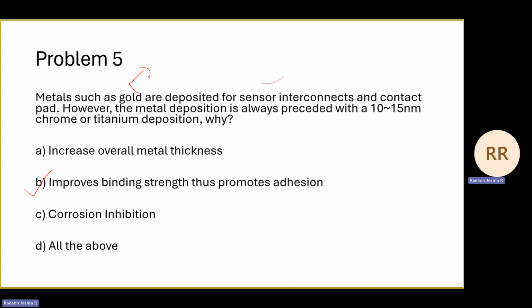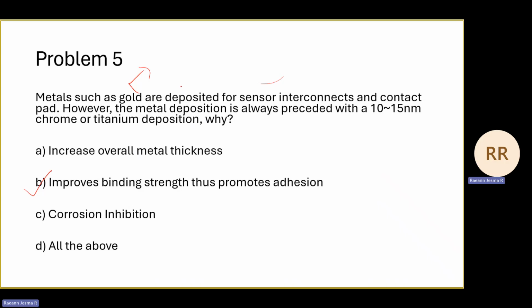That means they don't stick very strongly to the substrate. What happens if a metal is not stuck properly to the substrate? It will start to peel off, or the film will start to come off separately. And we also cannot say that the performance of the device will be good, right? So we want the metal to be properly stuck to the substrate.